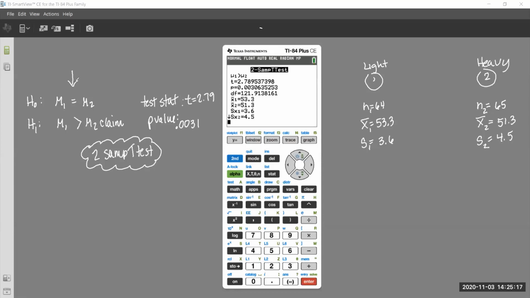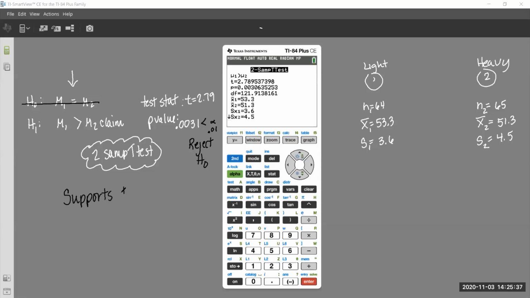So here, let me change colors. The p-value is less than alpha. Alpha here was 0.01, so it's small, which means we're going to reject H0. This tells us that we are supporting our claim.